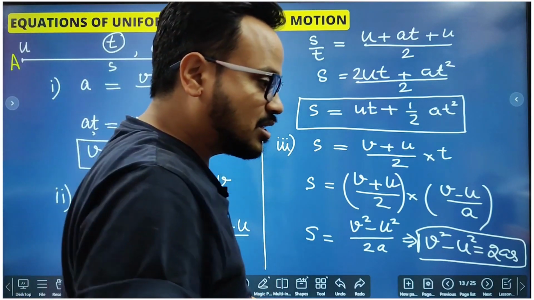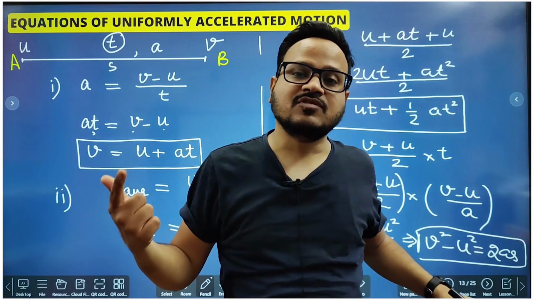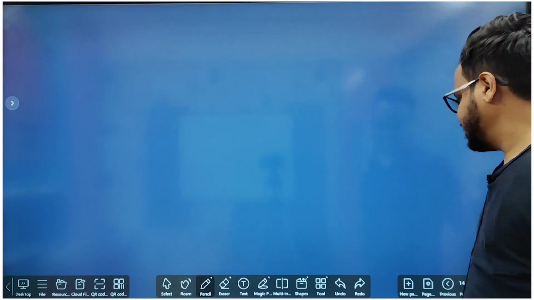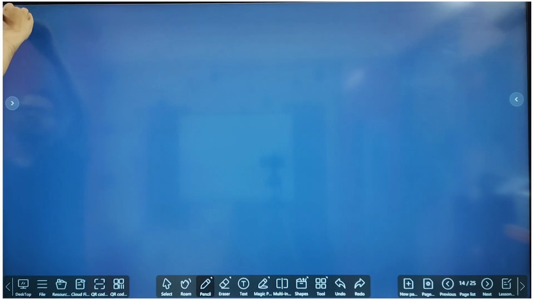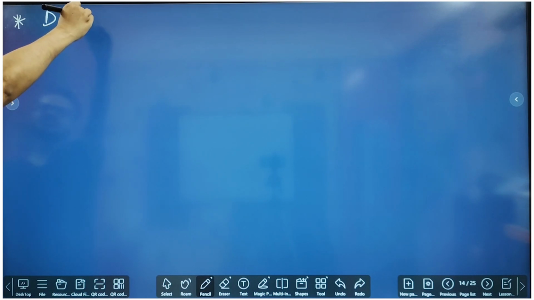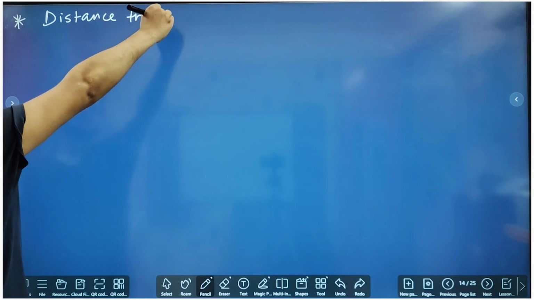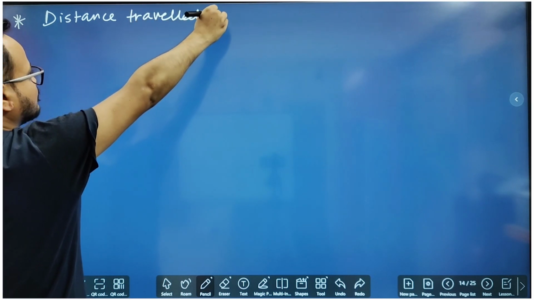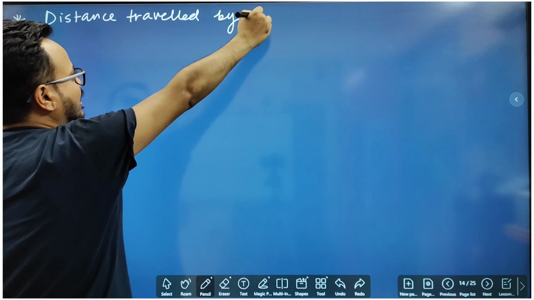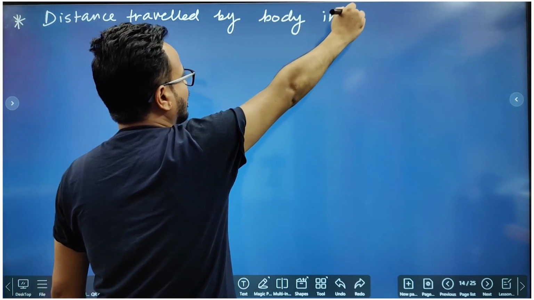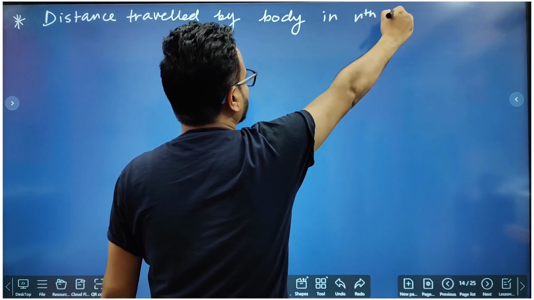Apart from these three equations, we have another equation, which is called the fourth equation of motion, which is for the distance traveled by the body in nth second. Okay, I'll explain. Distance traveled by body in nth second.